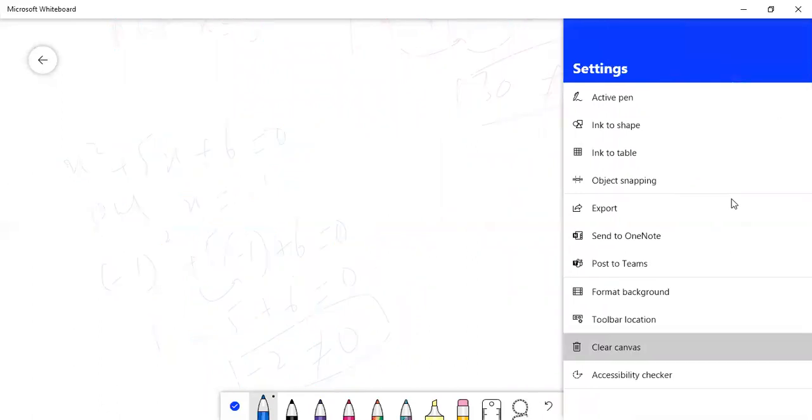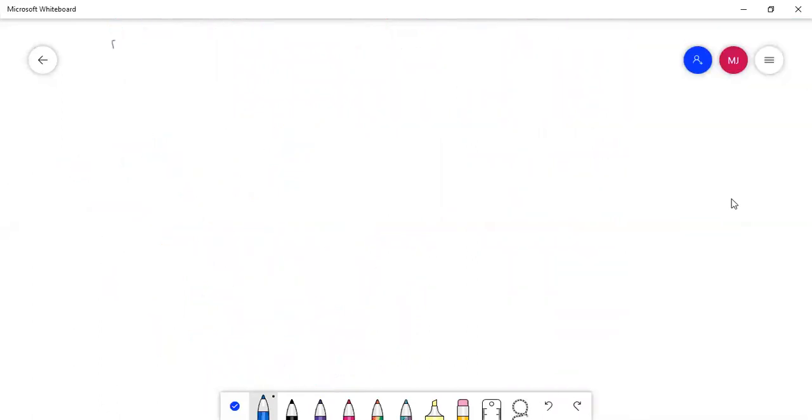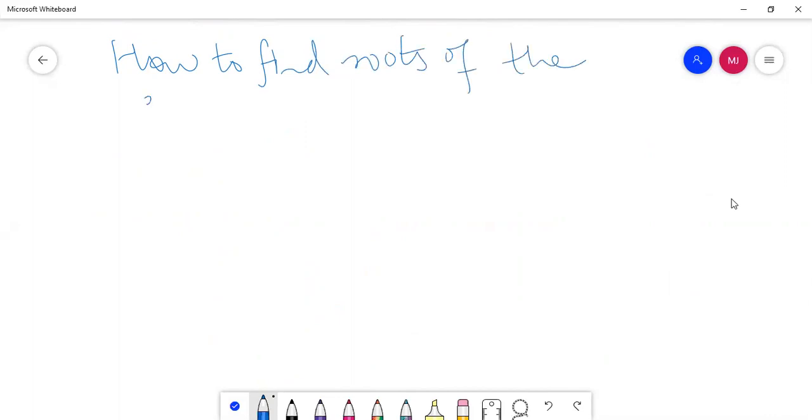Now let's discuss how to find roots of a quadratic equation.